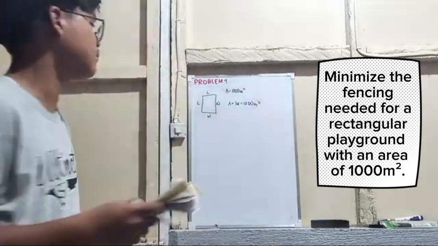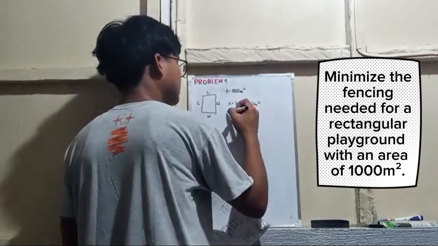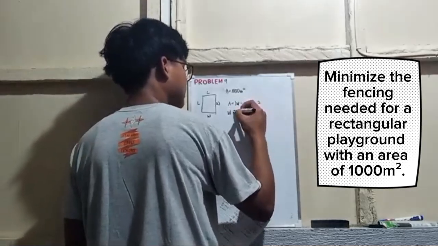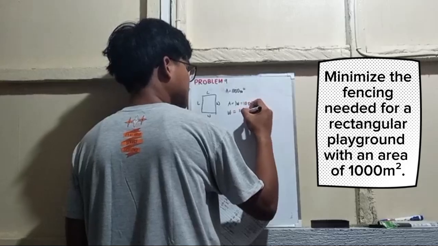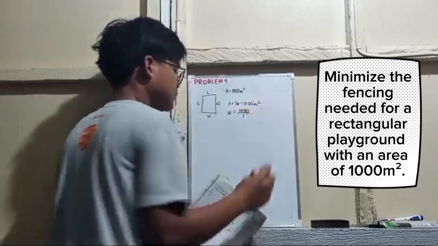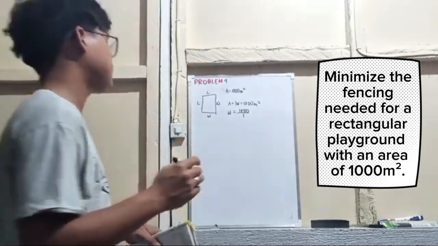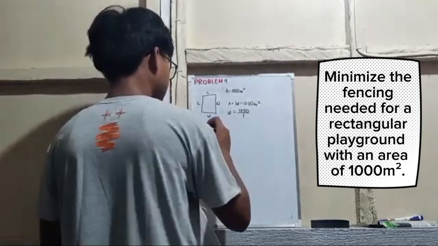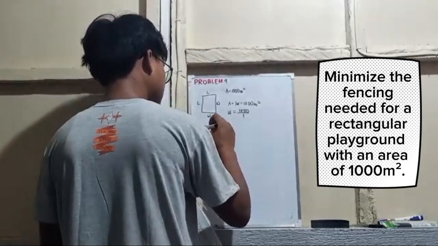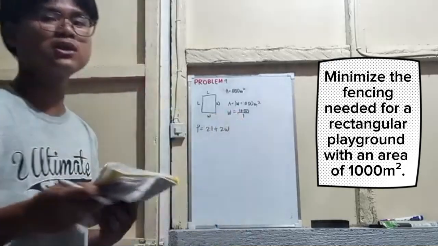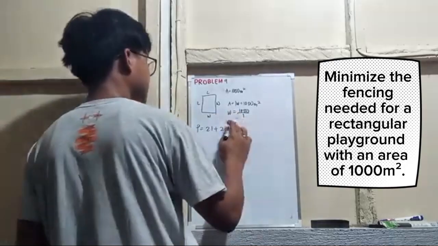And now we'll manipulate so that we can get the value of W. Transpose the L, W is 1,000 divided by L. So now we will proceed to getting the perimeter of the rectangle. So P is equal to 2L plus 2W. Then we'll substitute the value of W here.